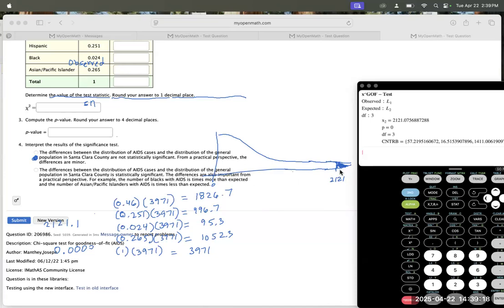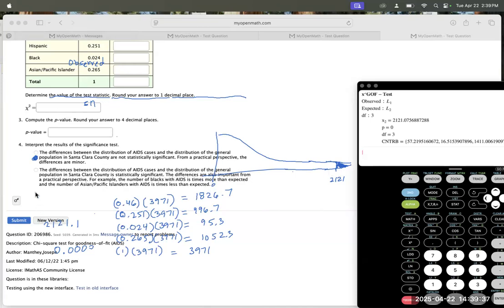These differences are really large, so the differences are also important from a practical perspective. For example, the number of Blacks is more than expected and the number of Asians is less than expected. So there we go.